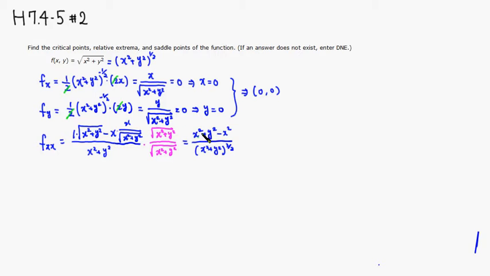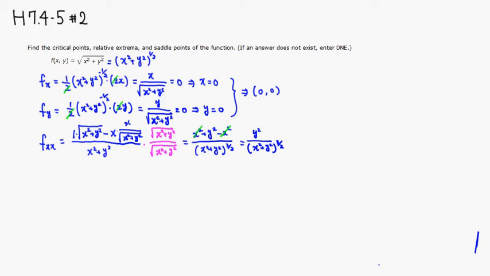You can cancel x squared here and x squared there, and you will get y squared over x squared plus y squared to the 3/2 power.